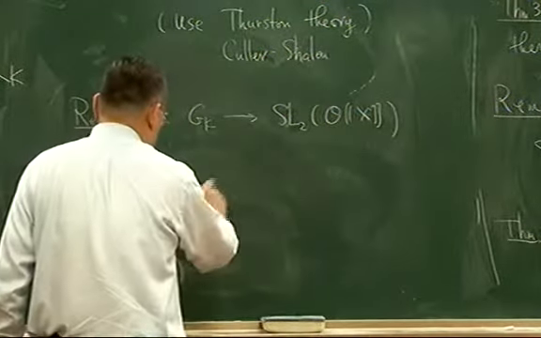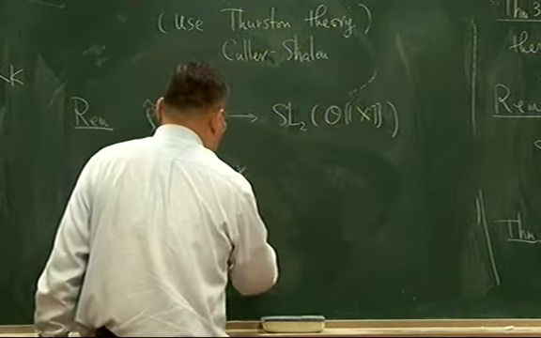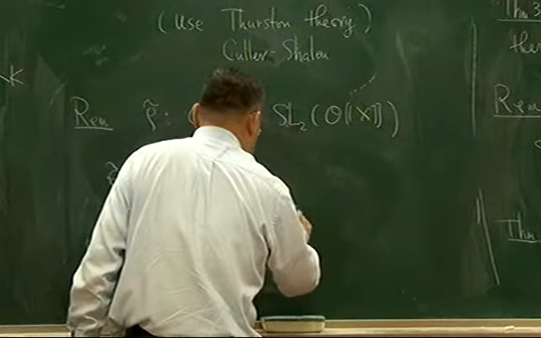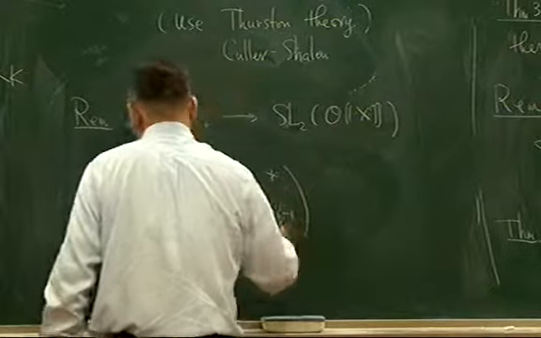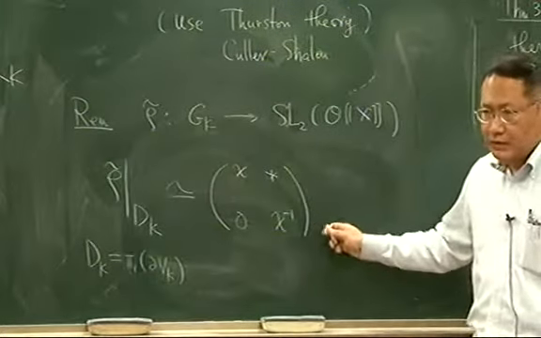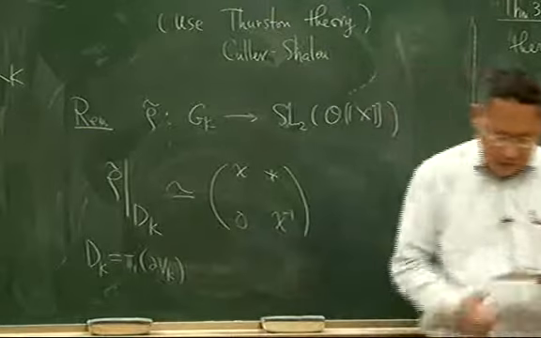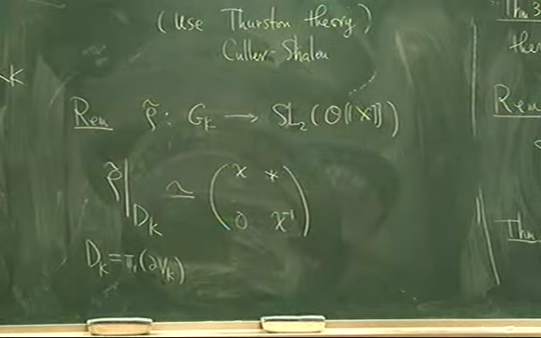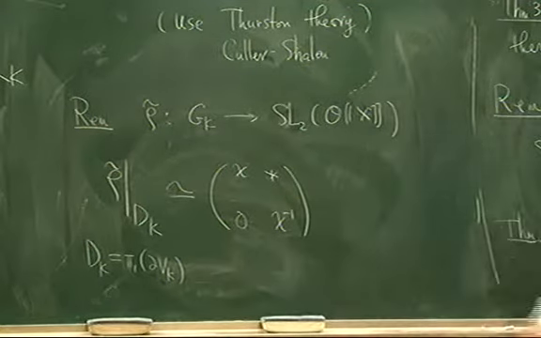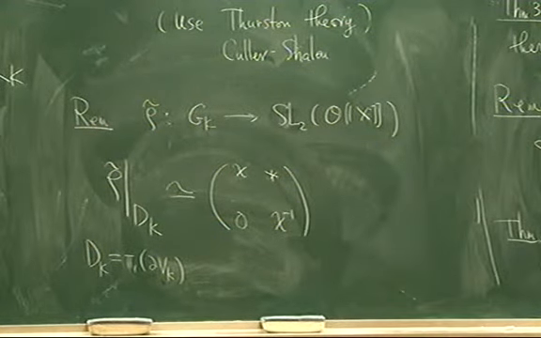So this is conjugate to some upper triangular representation, because the group is abelian. This is a situation similar to the ordinary deformation in the Galois representation.